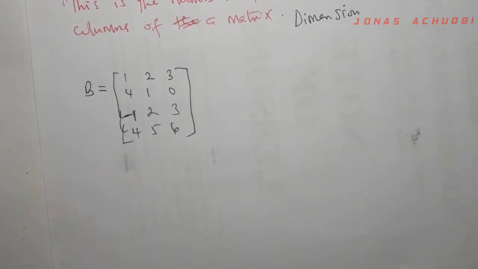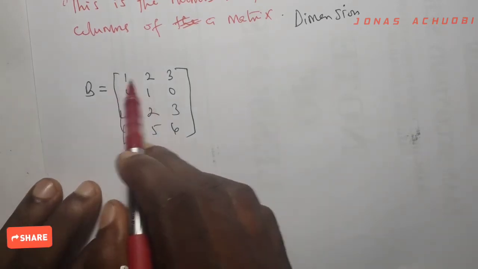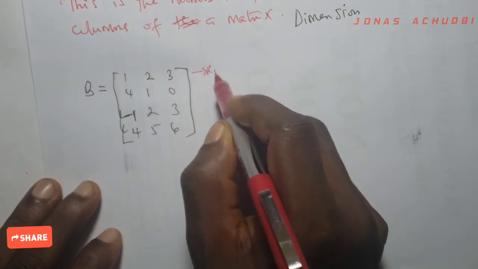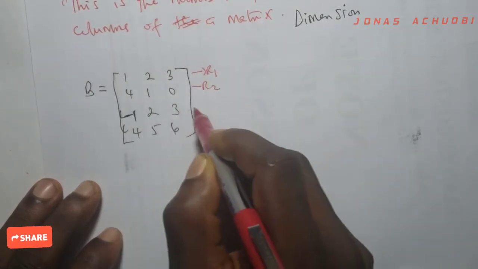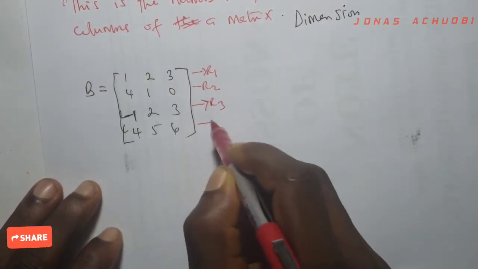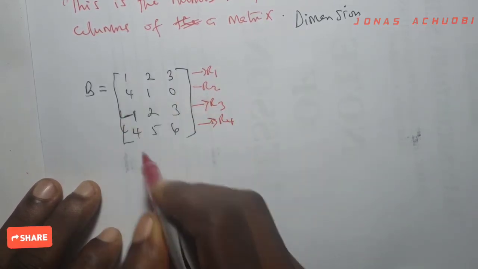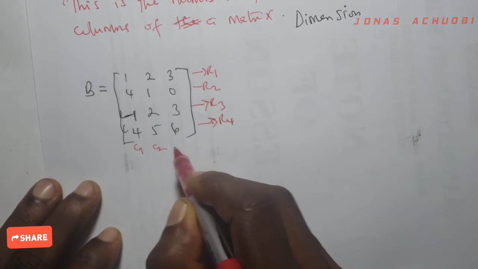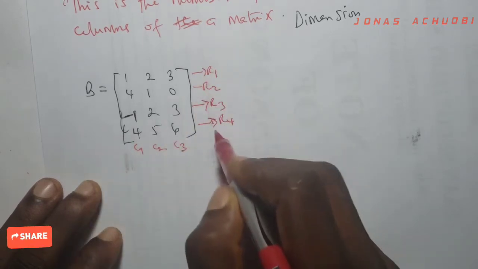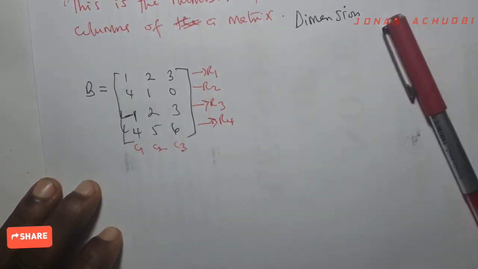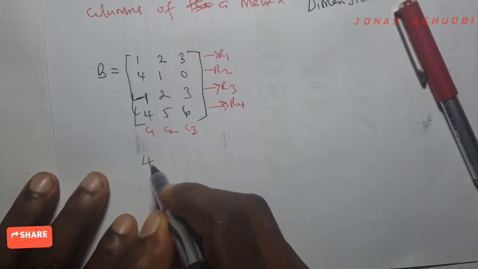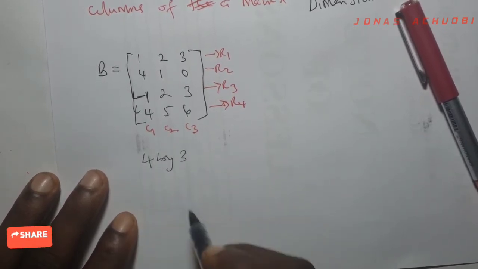We simply check how many rows the matrix has first, then how many columns. This is row 1, this is row 2, this is row 3, this is row 4. So this matrix has 4 rows. And how many columns? Column 1, column 2, column 3. We have 4 rows and 3 columns. Therefore, this is a 4 by 3 matrix.